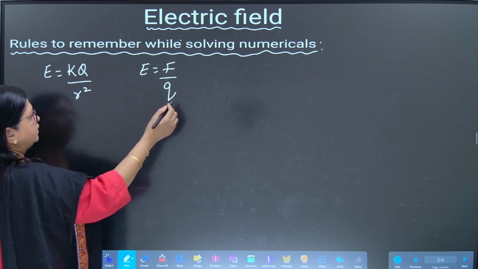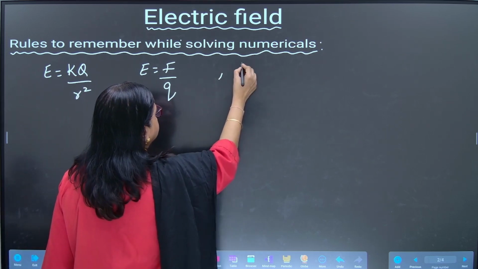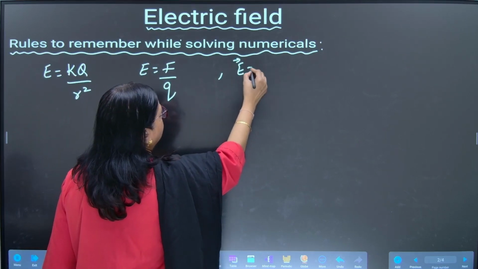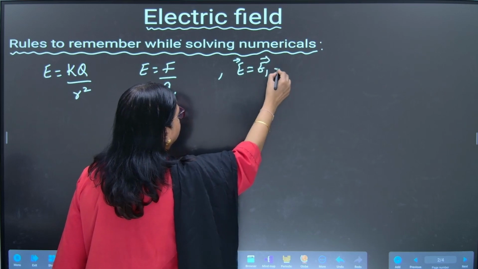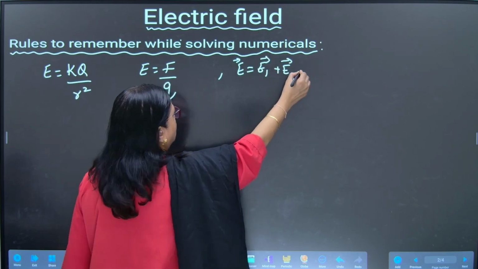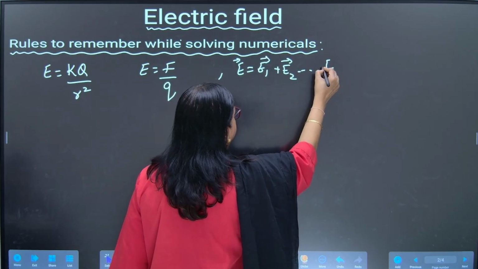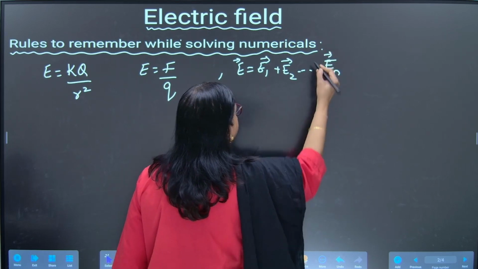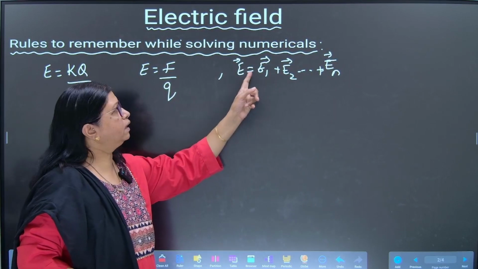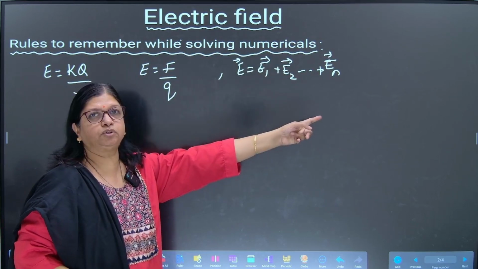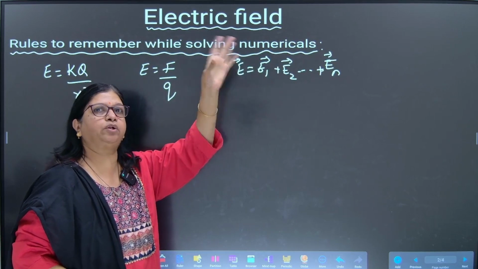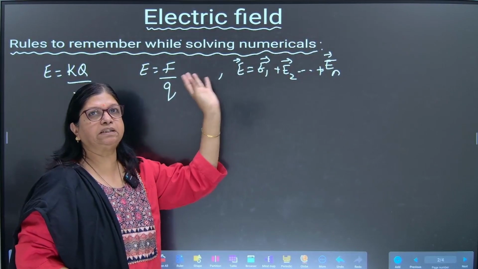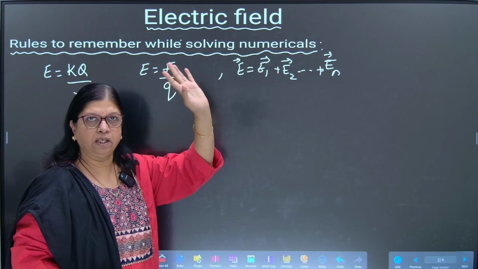Okay, suppose if there are multiple charges, then E is equal to E1 plus E2 plus so on up to En. So we have to add all the individual electric fields due to different source charges vectorially. So whether single charge or multiple charges, these are the formulas which you have to remember.